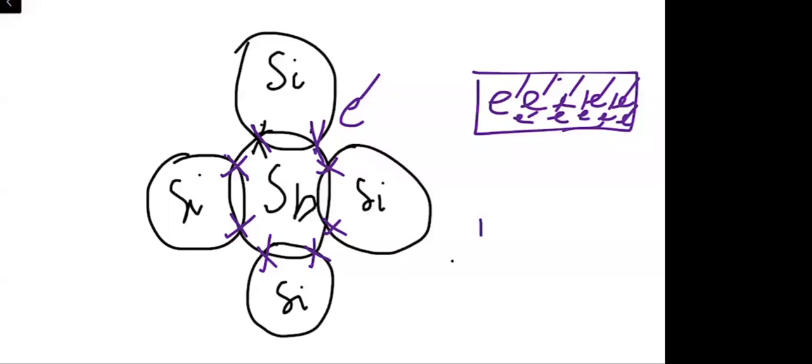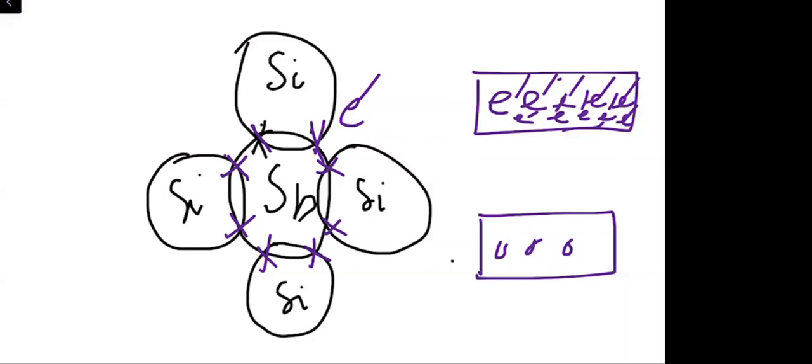As well, we will have a very small number of holes due to the electron hole pair creation, which we have just seen in the case of intrinsic semiconductor.